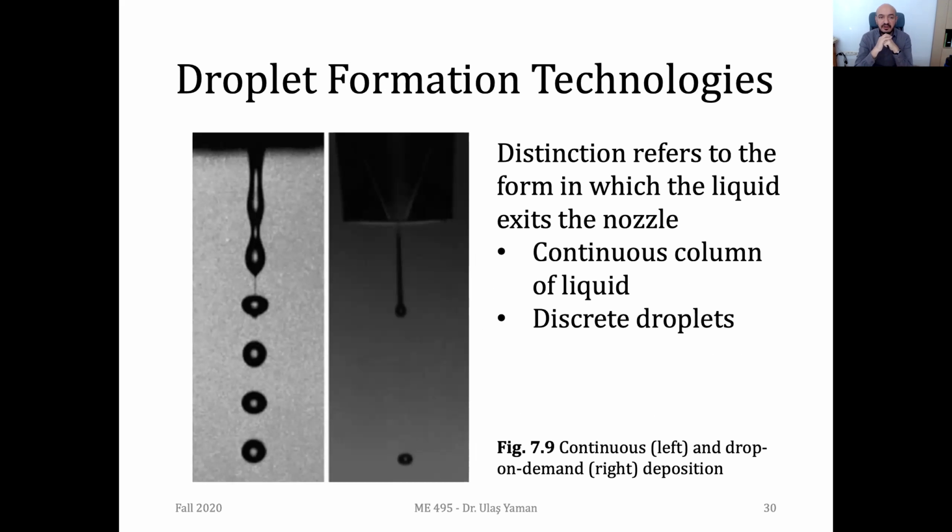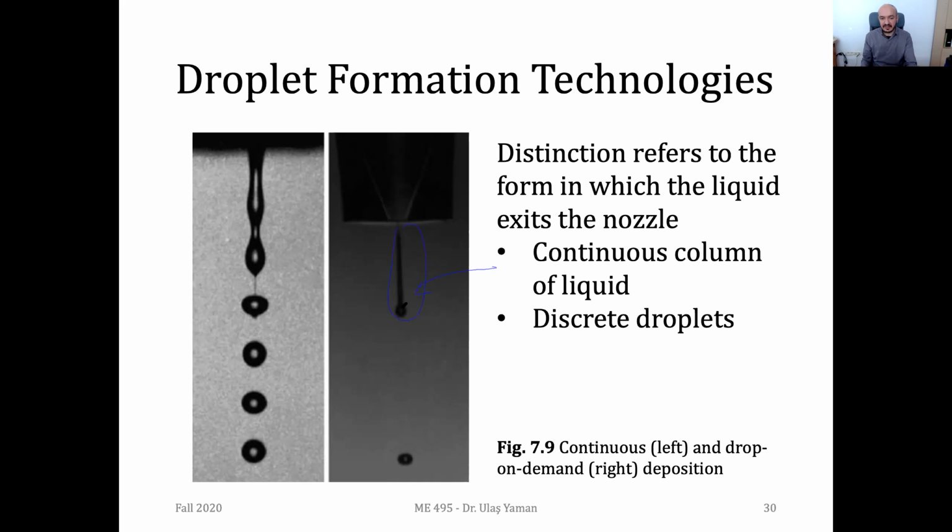And now we will focus on some droplet formation methods, how we are going to generate these drops. Initially, we can classify them into two categories. The first one is continuous column liquids. The one on the right-hand side, as you see, we have a continuous column of liquids, and at the tip of this liquid you can have a drop.